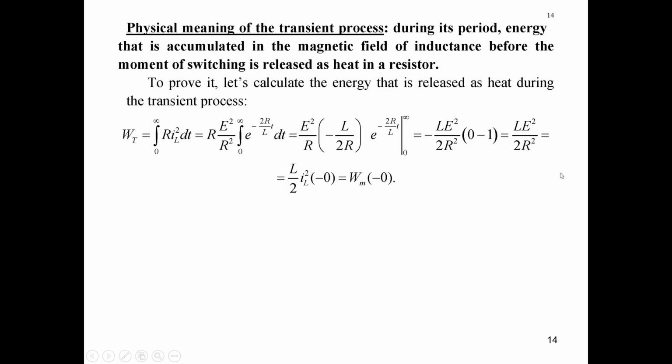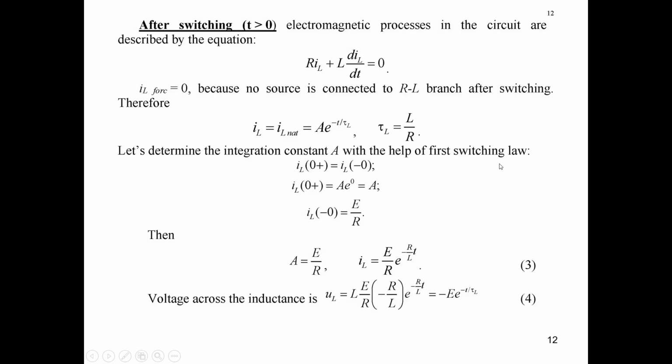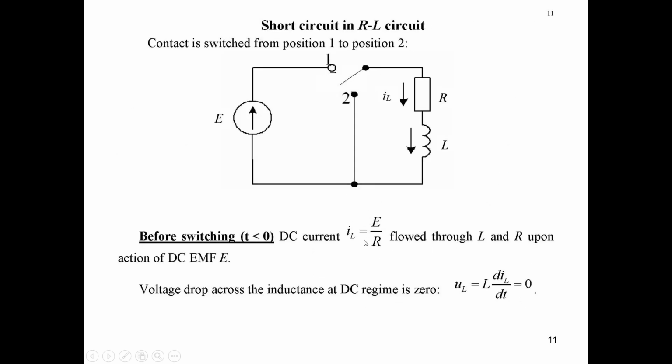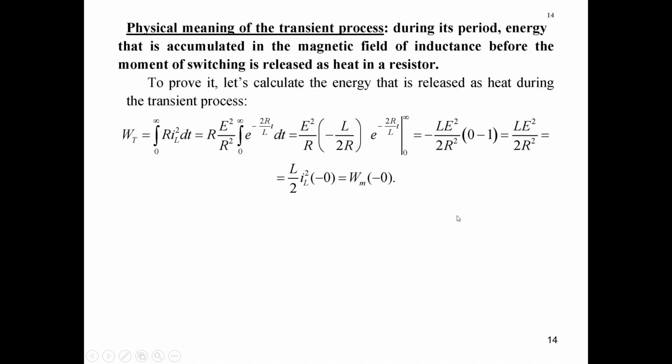And we can rewrite this expression as L over 2 and this E over R equal to I_L before commutation. It was the current before commutation.